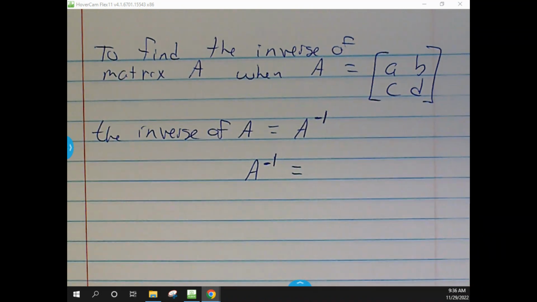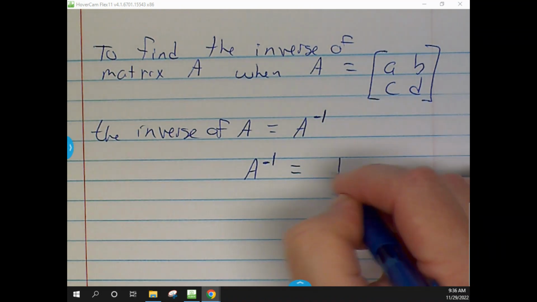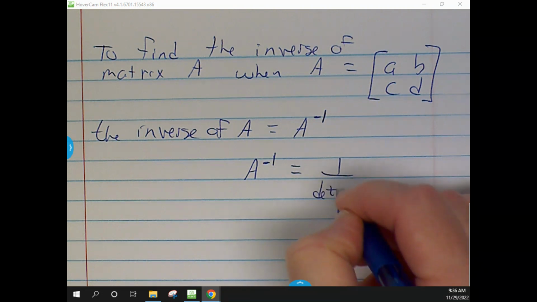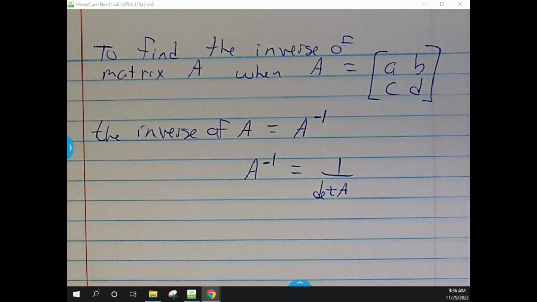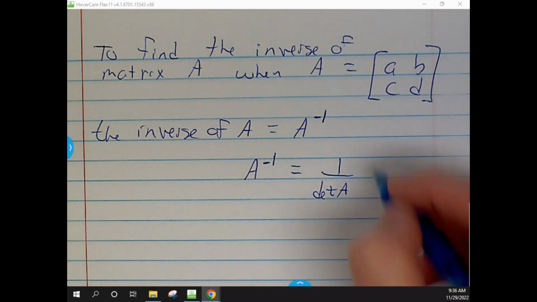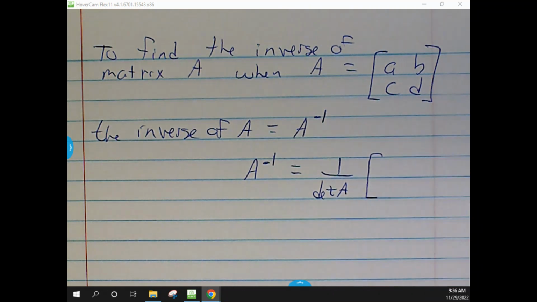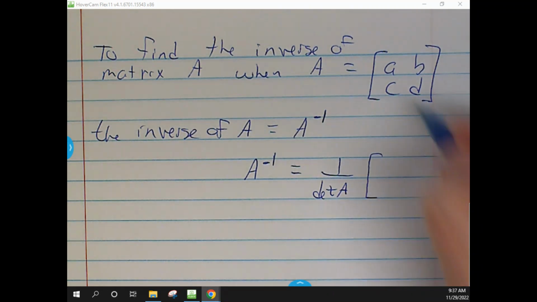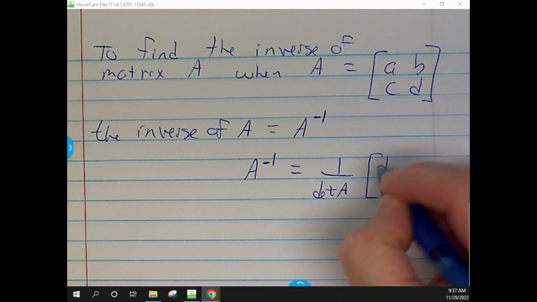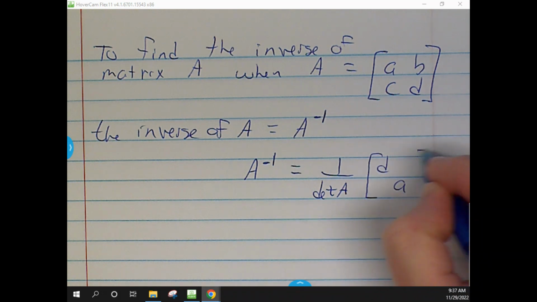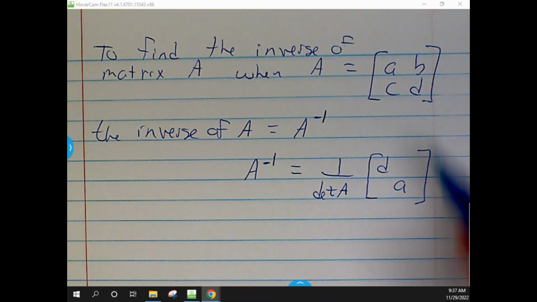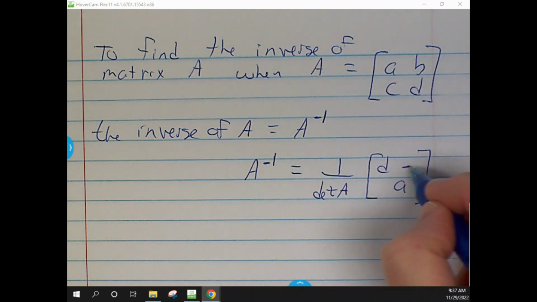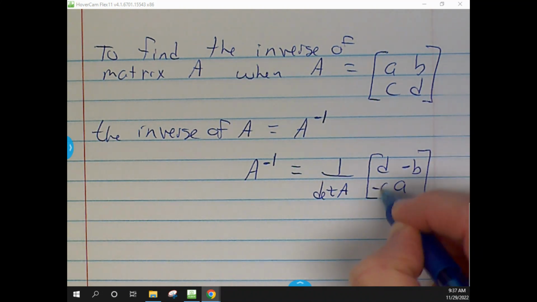This is why we go back and do the determinant. It's going to be 1 over the determinant of A, and then you multiply that times this matrix we've got here. You're going to switch the D and the A location. And then on the other diagonal, you make those two numbers negative.